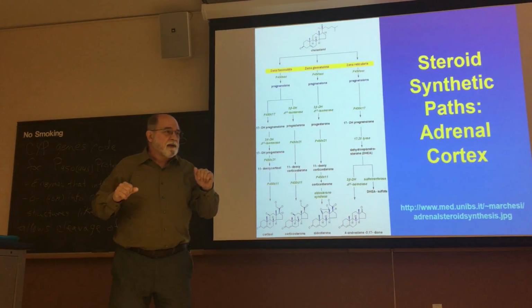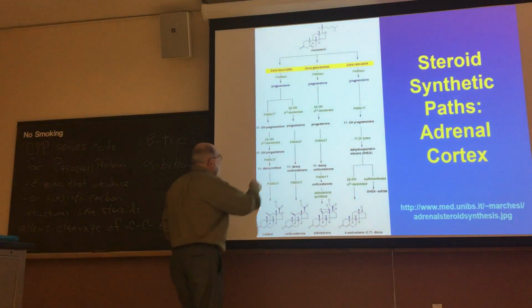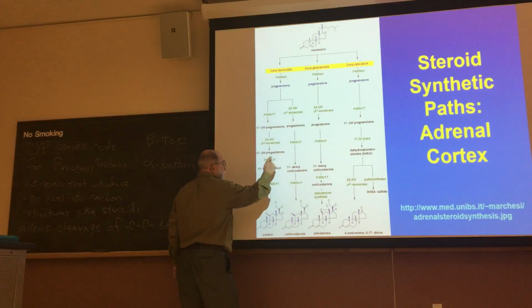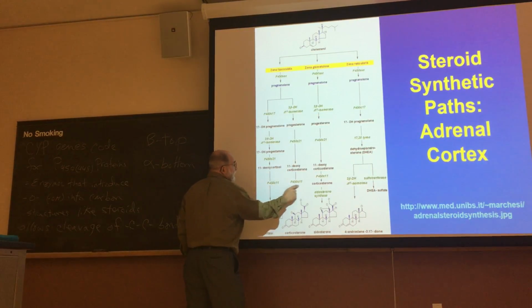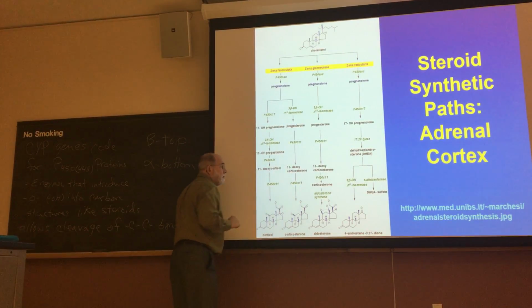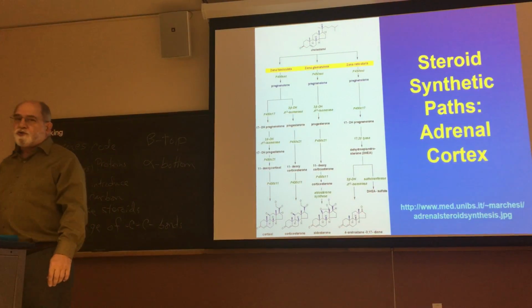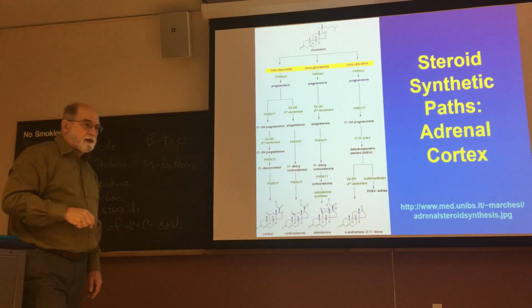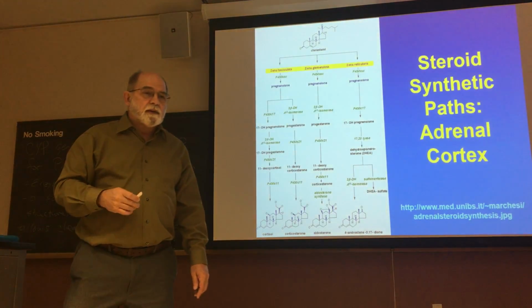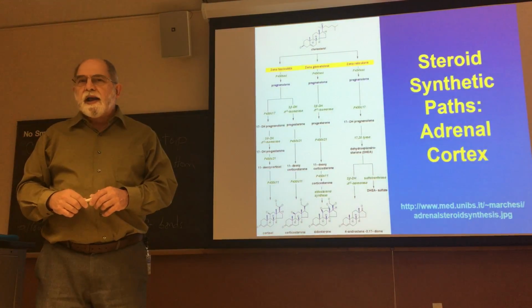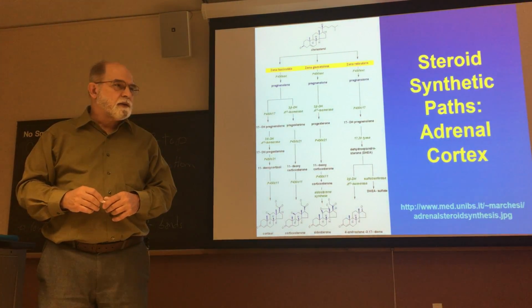Okay? If I've got a deficiency in this enzyme or in this enzyme down here, I can generate a condition called congenital adrenal hyperplasia. Okay? Congenital adrenal hyperplasia. Why hyperplasia?